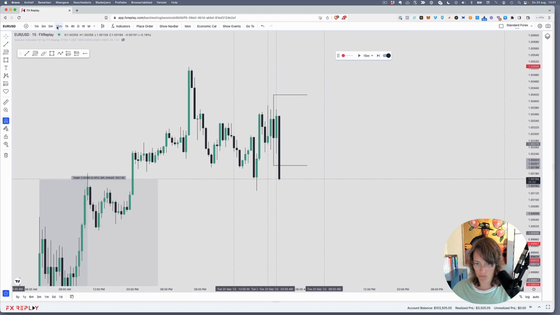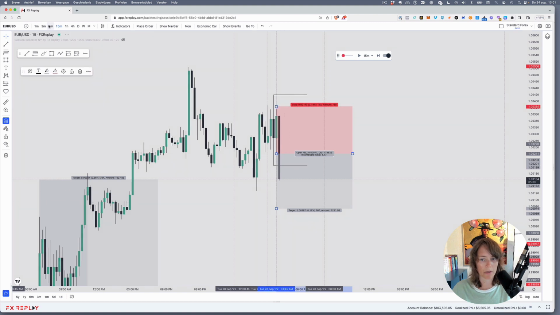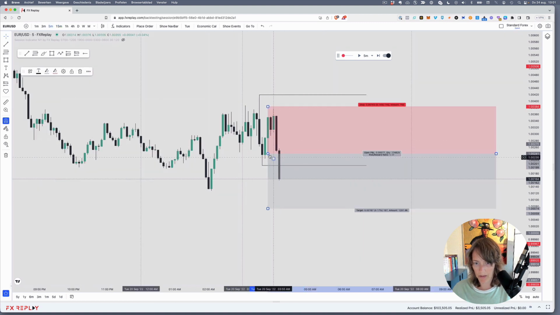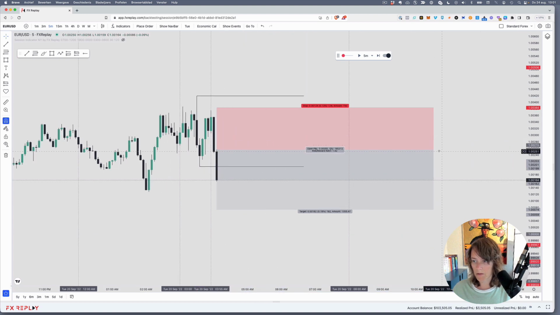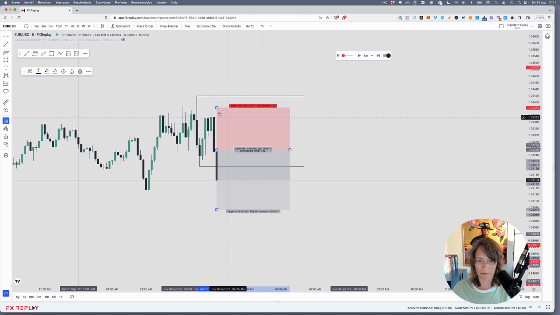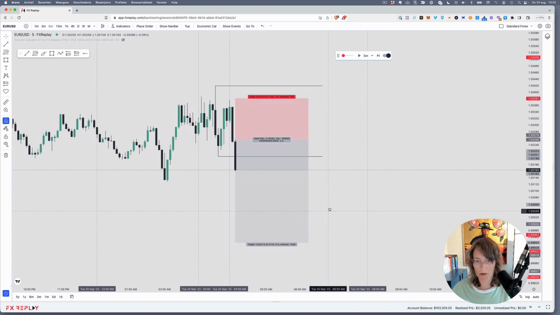Close below. A nice 15-minute order block. Let me see if we can fine tune it a little bit. Yeah, I think it's likely it will fill this gap. So let me put it on the fair value gap. Stop above. .5.